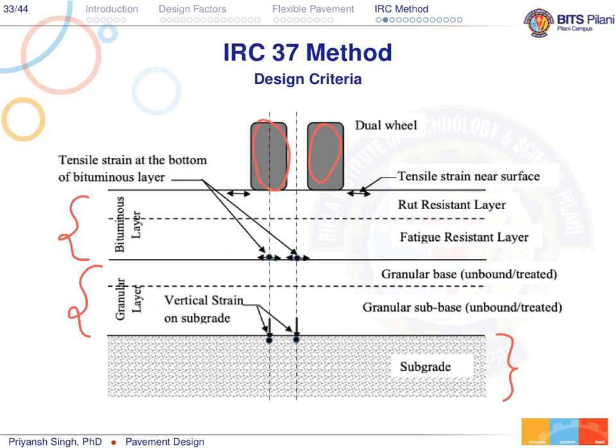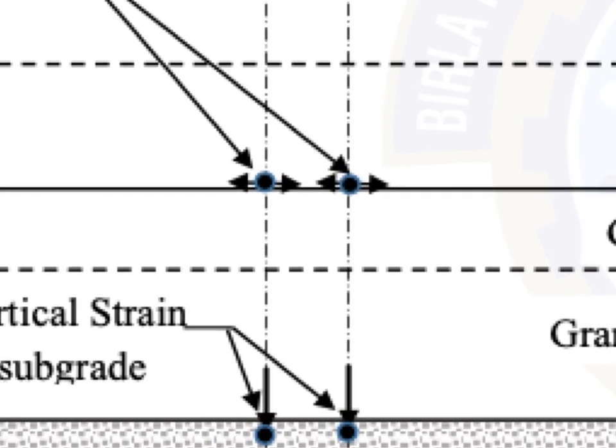To analyze fatigue, we have to take the tensile strain at the bottom of this bituminous layer. So at the junction of your bituminous layer and your granular layer, at one point in the middle of both the tires and one point at the center of one tire, we need to determine the tensile strain.